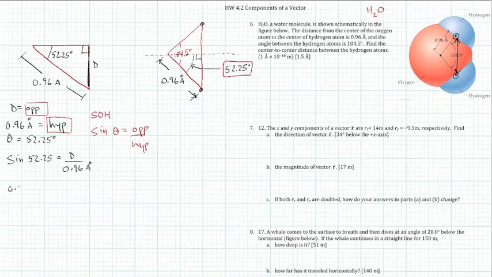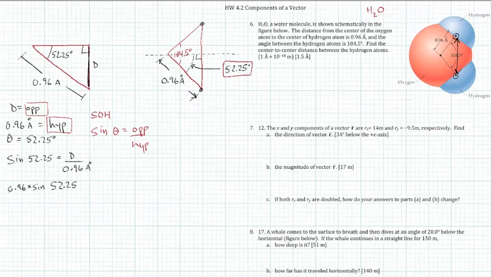So 0.96 sine 52.25. And really what we're doing is we're multiplying. So that's that x in there. But I think on most calculators, if you simply put a value out in front of a sine, it automatically assumes that you mean multiply by this.